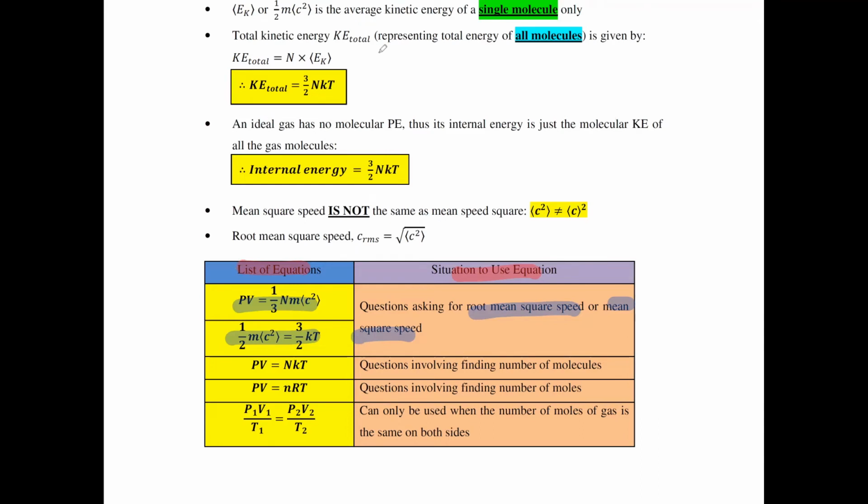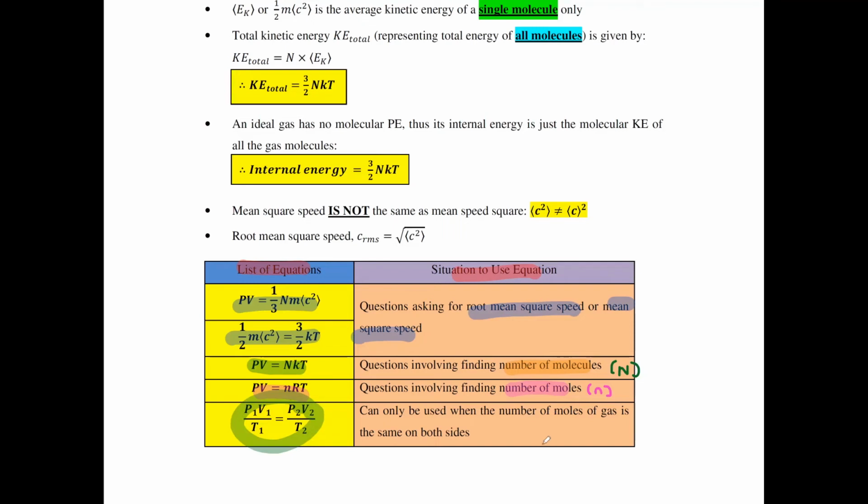But for questions that involve finding the number of molecules, which is N, you will generally use PV equals NkT. But for questions that involve finding the number of moles, which is your small n, you again use PV equals nRT. Then when the question doesn't fit any of the four cases here, you generally use P1V1 over T1 equals P2V2 over T2.